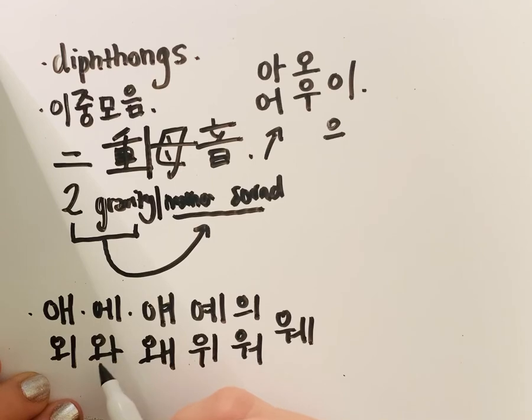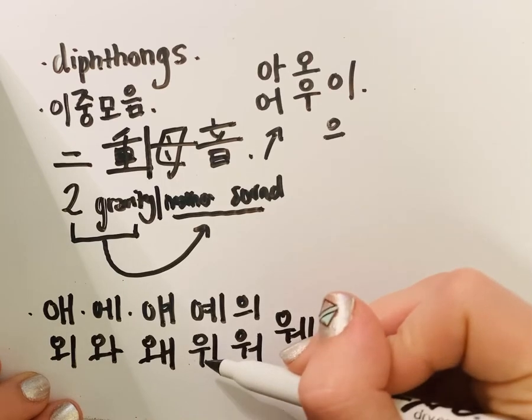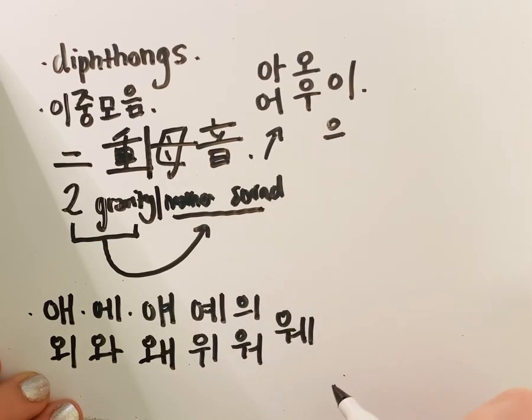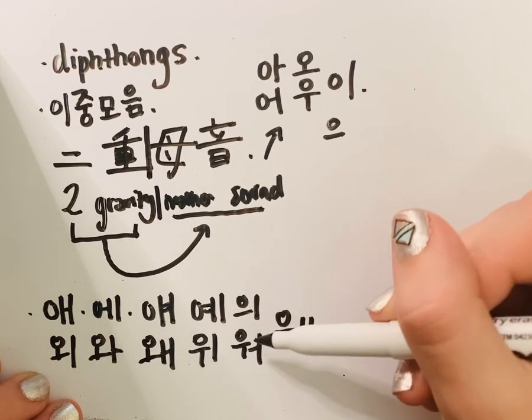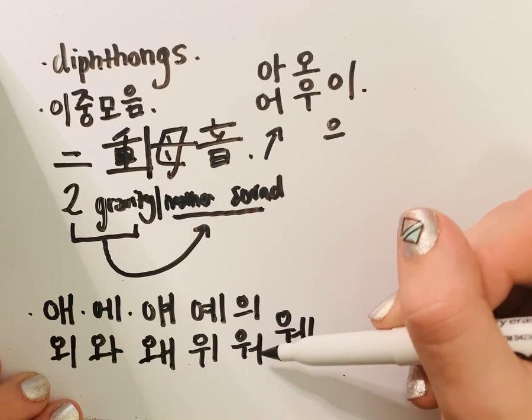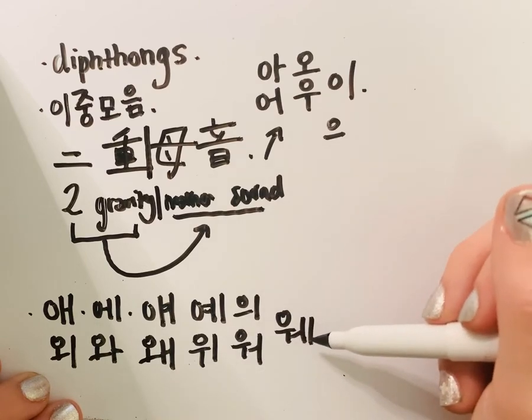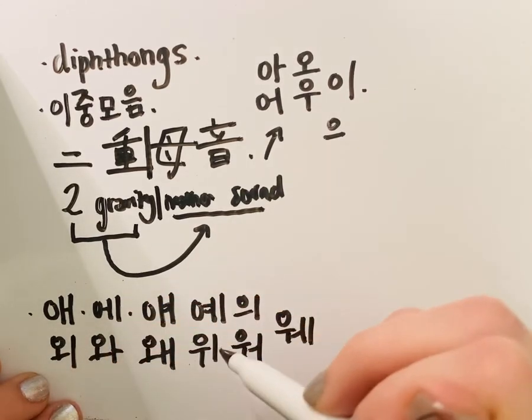O plus a, 와. O plus 애, 왜. U plus e, 웨. Unlike, where was it? This one. This one does follow the rule. Then U plus a, 워. U plus 애, 웨. So those are all of the diphthongs.